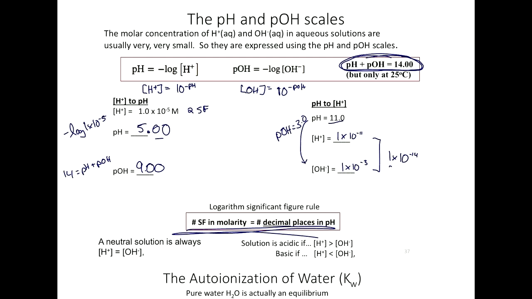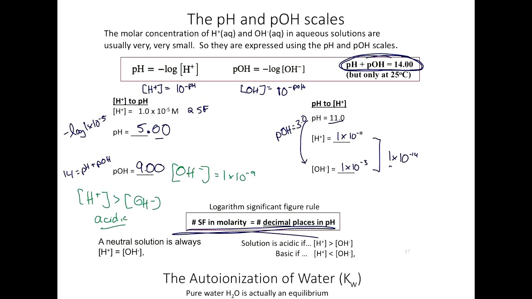So if we look in this first equation here, we see that the pH, where the H plus concentration is 1 times 10 to the negative 5, the hydroxide concentration for this same solution would be 1 times 10 to the negative 9. So we see in this example, H plus is greater than OH minus, so this solution is acidic. Right? Or maybe you can think, oh, the pH is less than 7, so it's acidic.